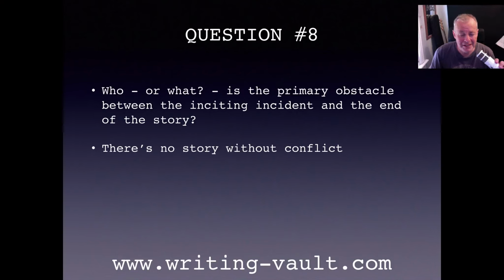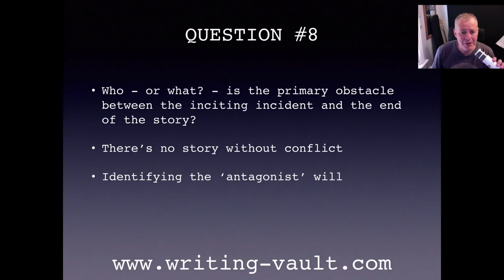It might be fascinating for about 10 seconds, and after that the reader will put that down and won't feel any particular deep emotional satisfaction with that kind of story because the character hasn't overcome any obstacles. So that's what we identify here in question 8.